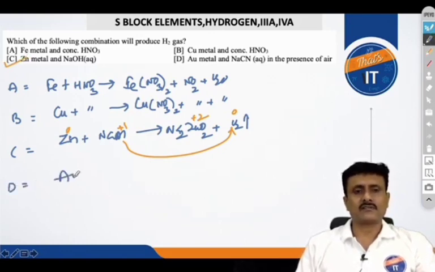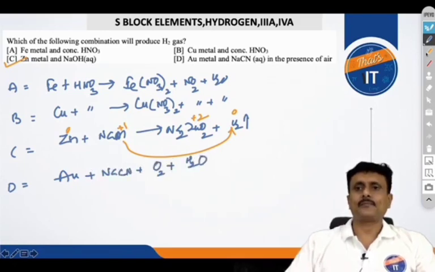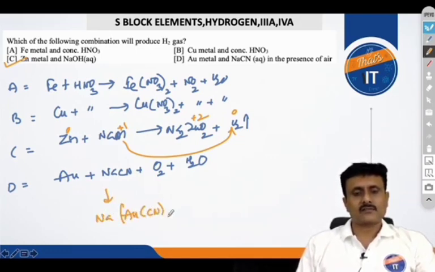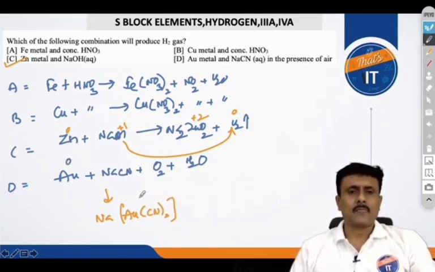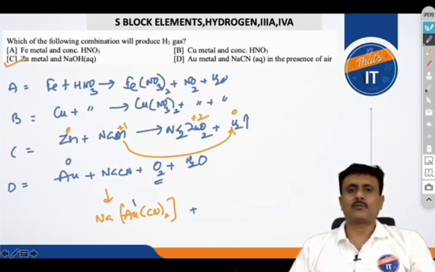You can see that gold is reacting with sodium cyanide in presence of air, that is O2 and H2O, to give you what? NaAu(CN) taken twice, isn't it? So you can see that gold got oxidized from 0 to +1, and oxygen gets reduced, so it will be forming water.